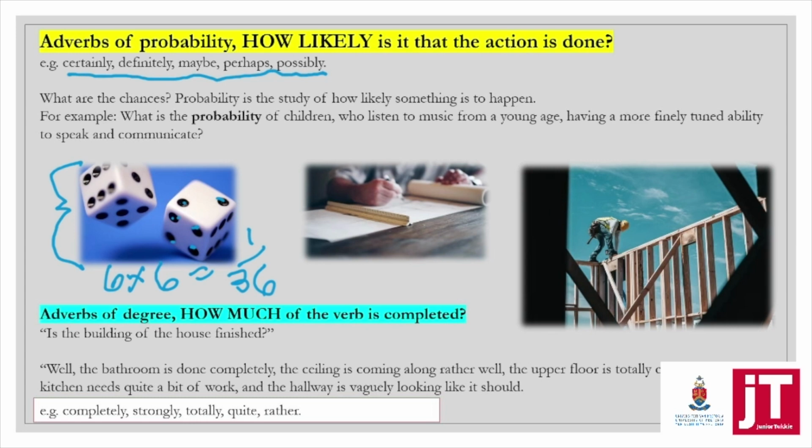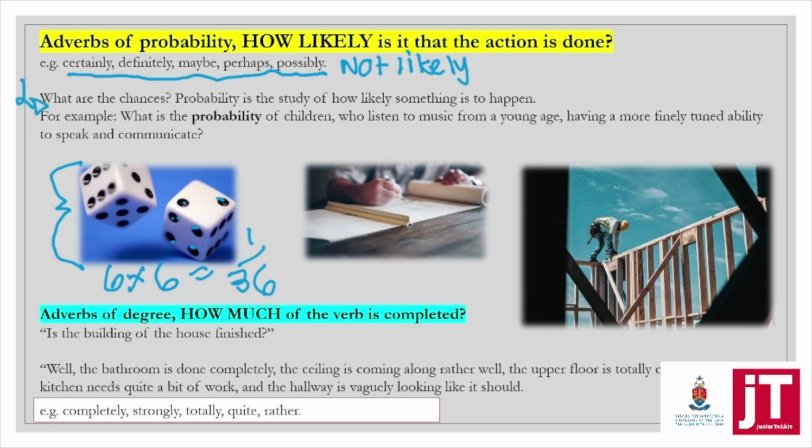You could ask yourself, what is the probability of them actually cleaning their room? Okay, perhaps it's not likely. Not likely is another one. Or less likely. Or perhaps they definitely will, or certainly will. I don't know. Okay.